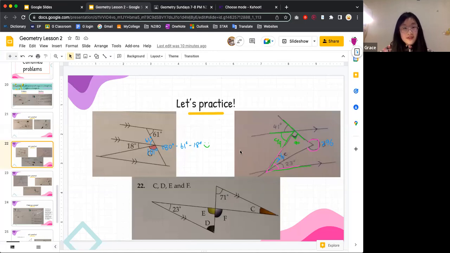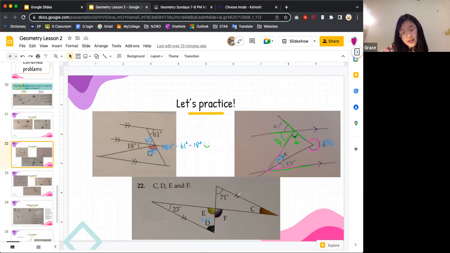If you've got any ideas, feel free to annotate them, or if you can't annotate, you can also type them in the chat as well. 71, yep, good job, Trinity.